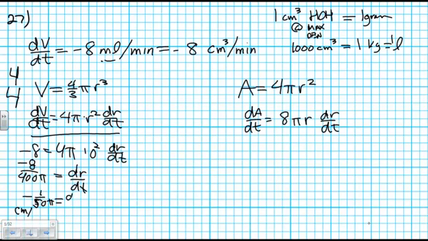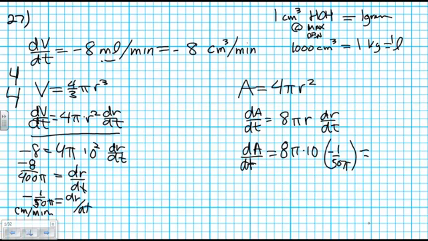This rate of dr/dt is in centimeters per minute, and so now we're ready to plug and chug on the dA/dt side, and that's going to be 8 pi. The value of r again is 10, and then dr/dt is negative 1/50th pi.